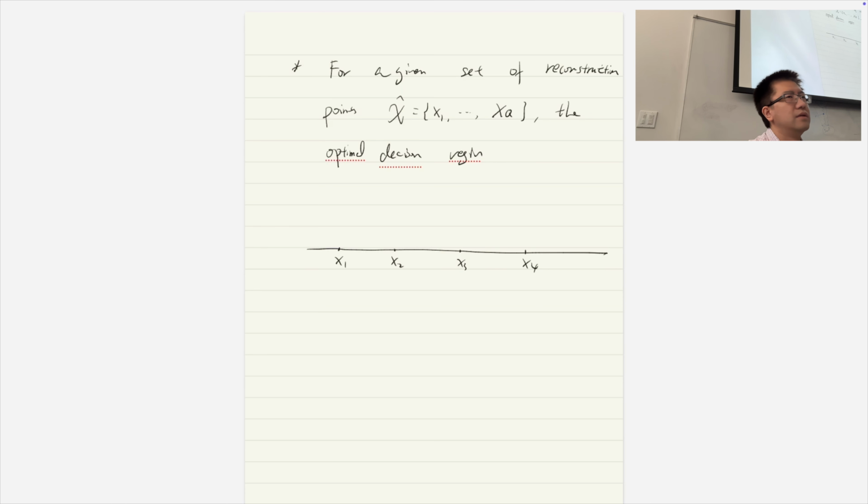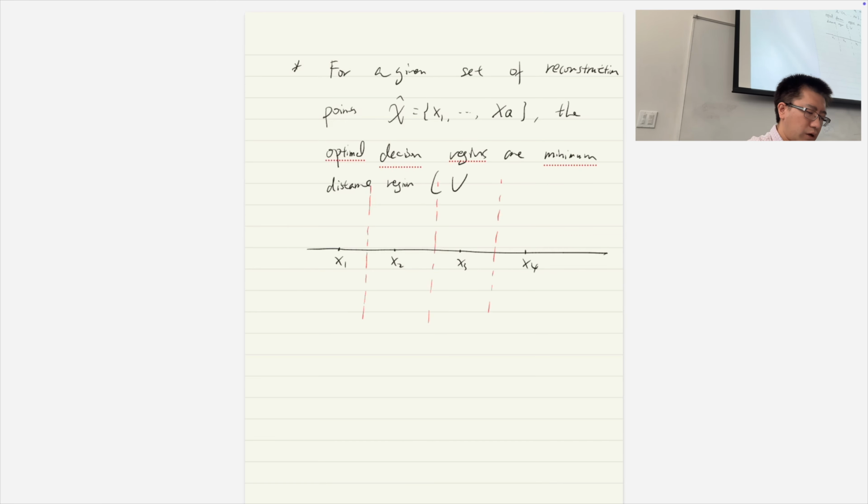Because we consider the minimum mean square error, or distance-based distortion, the optimal choice is exactly the middle between the points, so that's the smallest distance. This corresponds to the minimum distance region. At least for some metric, that can be optimal.